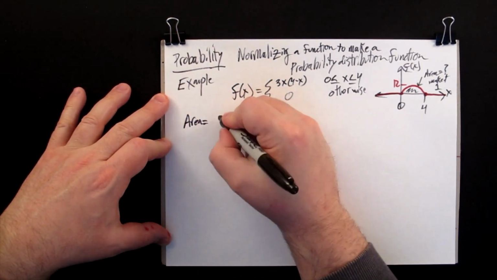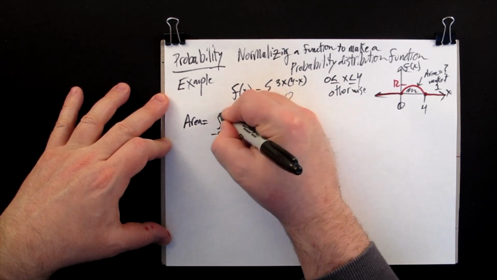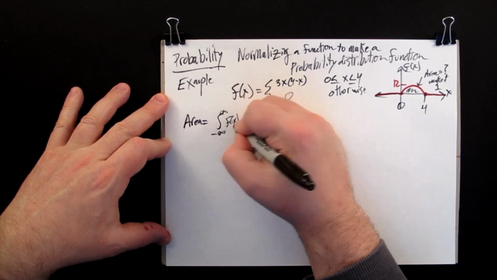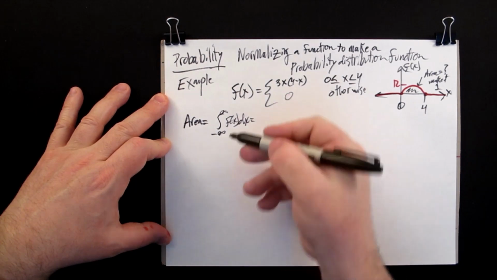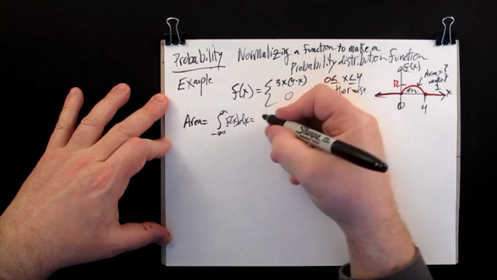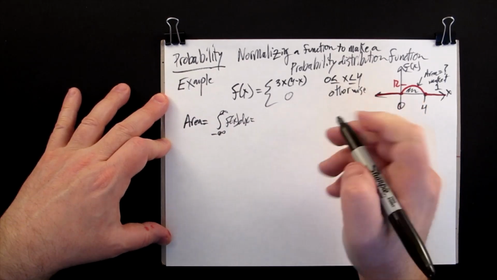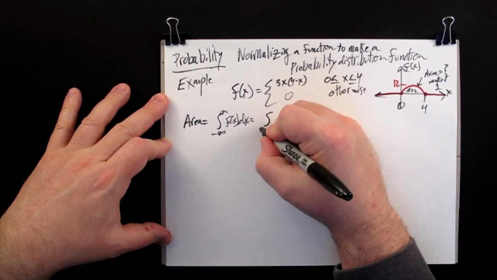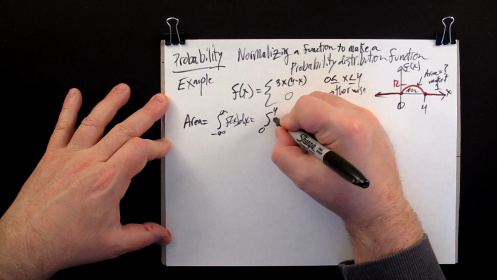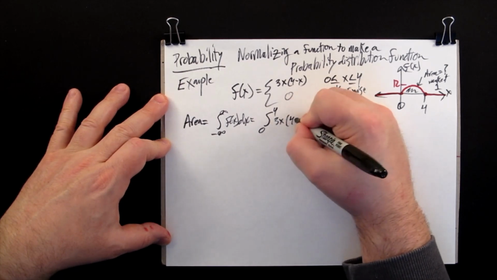First step is to find the area under the entire curve. So we need to compute this. Area under the entire curve, we want to figure out what that is. Since we have a piecewise function, the relevant piece is going to be from 0 to 4. That's where we have a non-zero area.